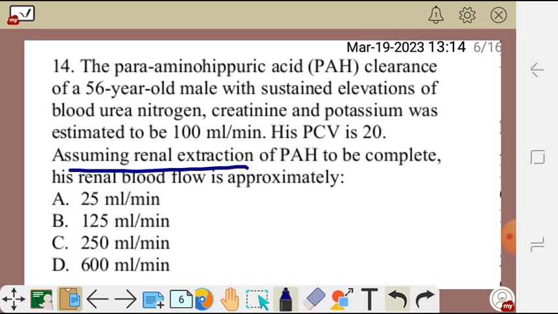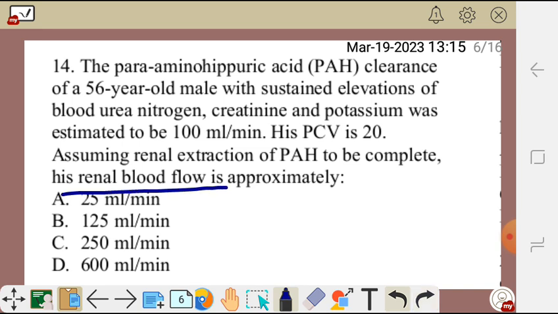Assuming renal extraction of para-aminohippuric acid to be complete, his renal blood flow is approximately A, 25 mL per minute, B, 125 mL per minute, C, 250 mL per minute, and D, 600 mL per minute.